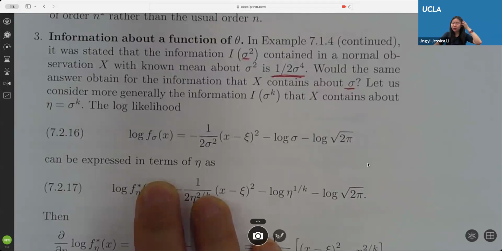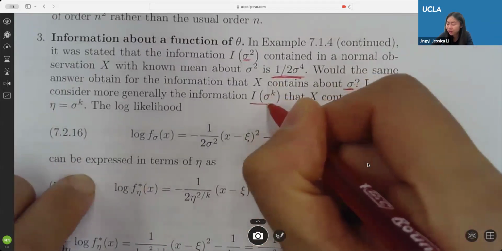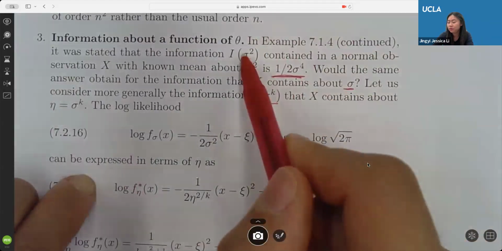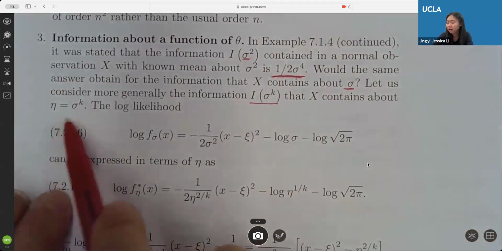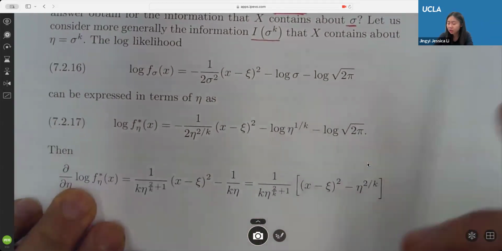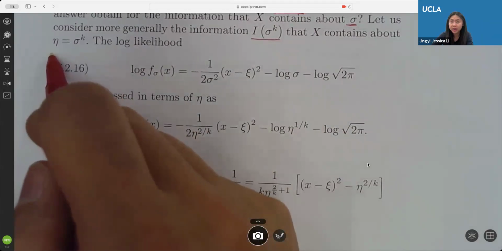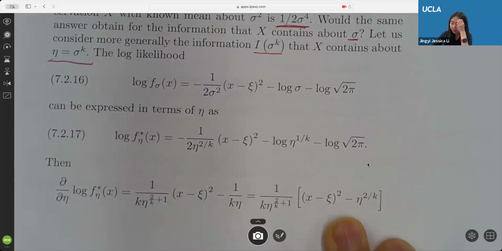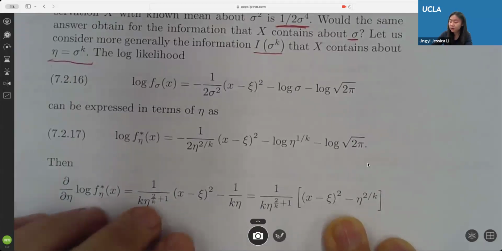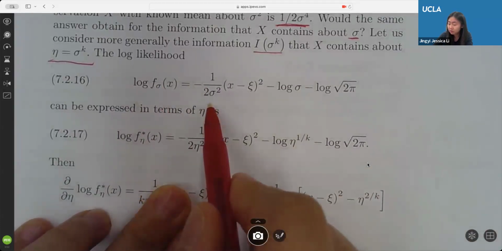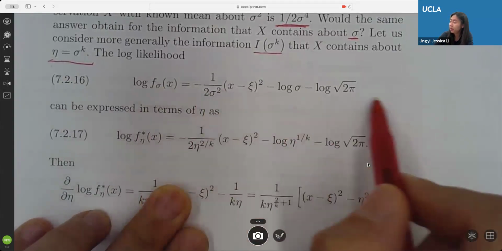Beyond this, more generally, we can ask what is the Fisher information of sigma raised to the power k. So that means we're not just interested in sigma squared, but sigma to the power k. How can we get a general formula for that? So let's do it. Essentially, we write eta equals sigma^k. And we first write down the log likelihood in terms of sigma in this way.